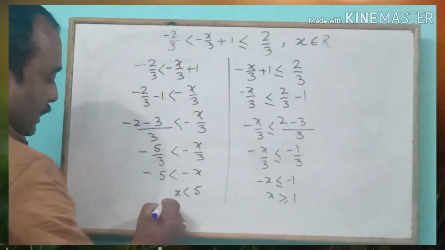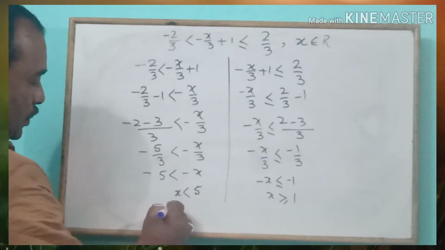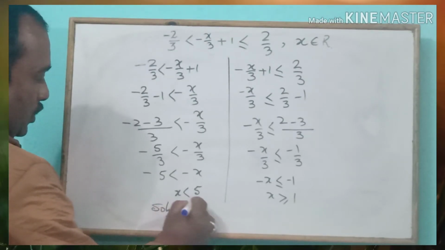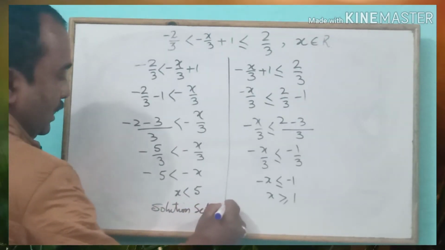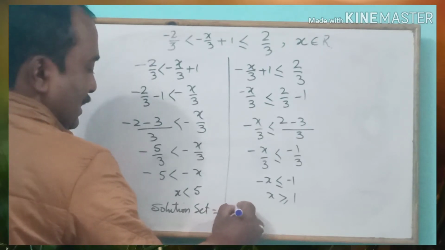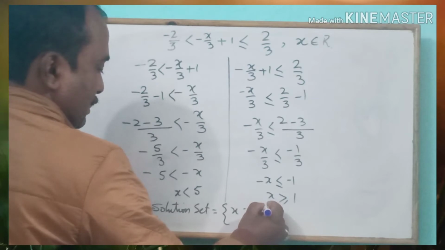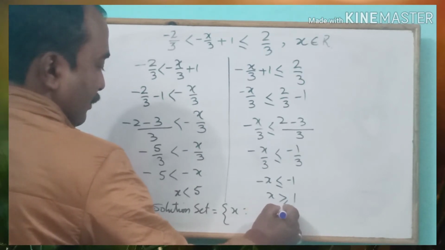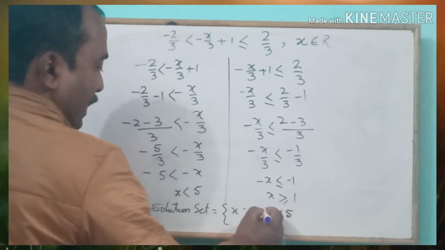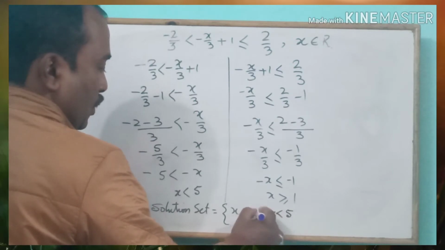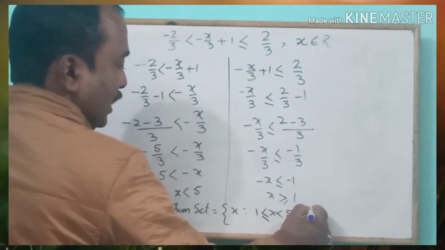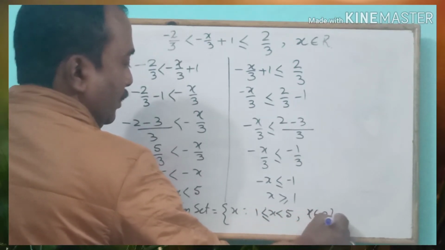Combining both of them, we get the solution set as x such that x is less than 5 and greater than or equal to 1, x belongs to real numbers.